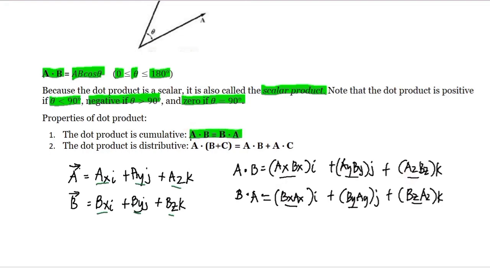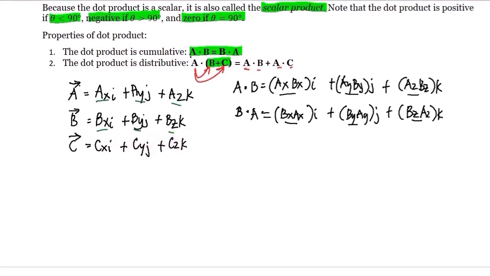And it is also distributive. When we say distributive, let's say we have this B plus C here, so we can just distribute the vector A to vector B and vector C. So we will have A dot B plus A dot C. We add one more vector here: CXi plus CYj plus CZk.